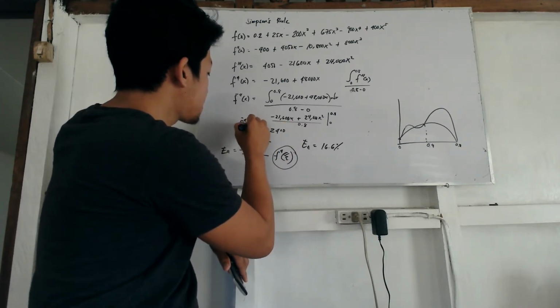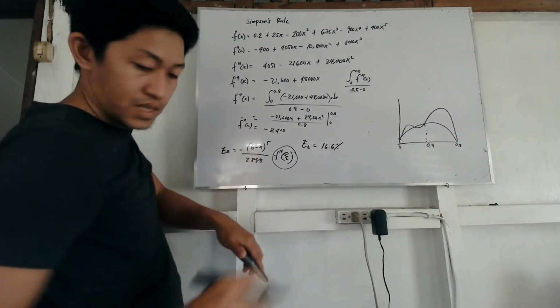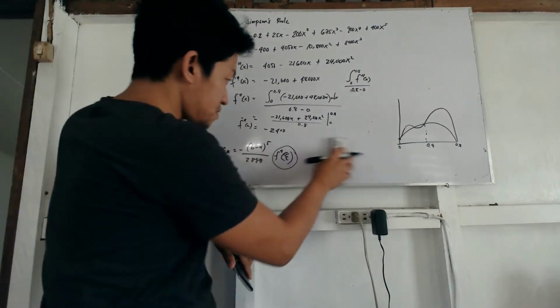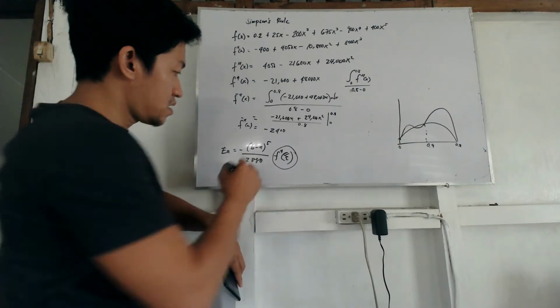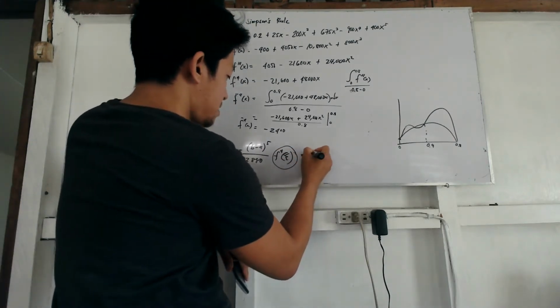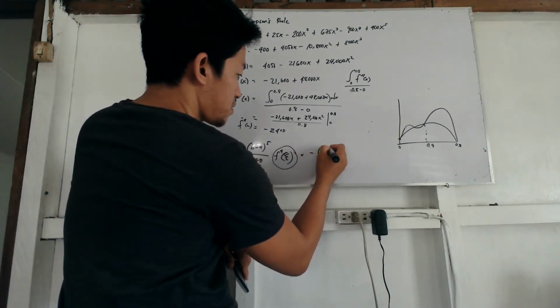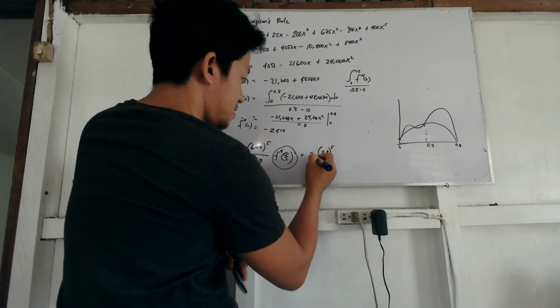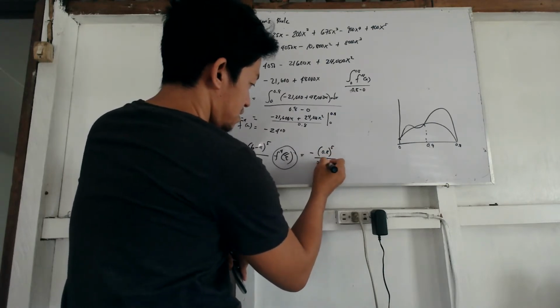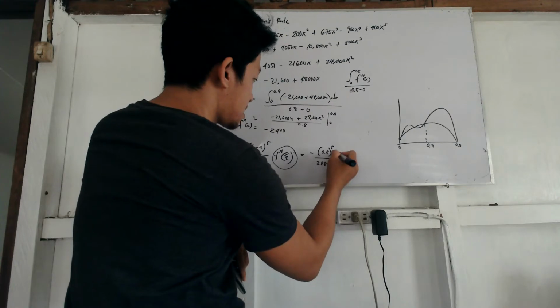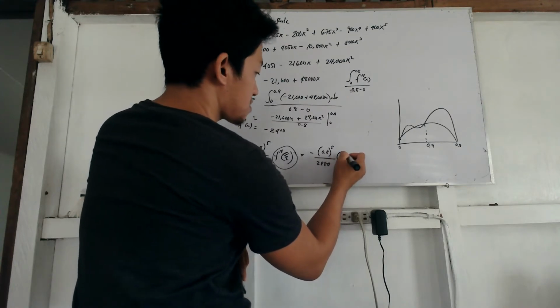So using those values, you have negative 0.8 raised to 5 over 2,880 times negative 2,400.